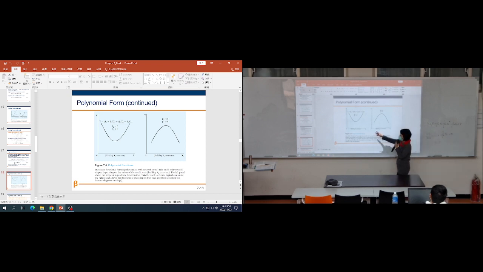In either case, we can calculate the bottom or the top. And usually in economics, this may be the best quantity produced or manufactured for x1, the most suitable quantity for supply or demand.